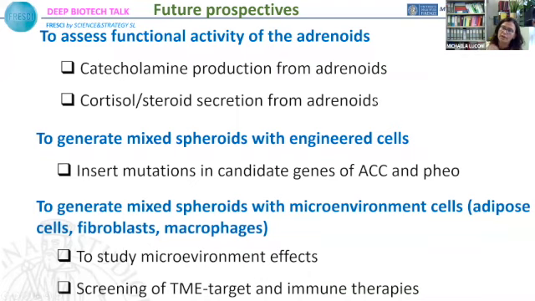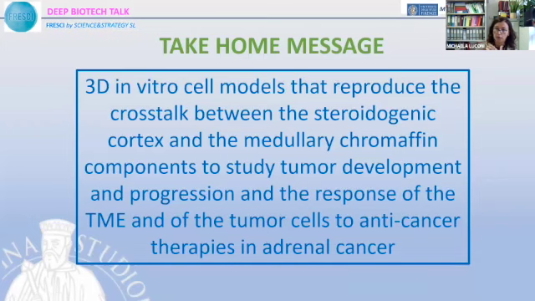And obviously we have to further investigate this ability of the adenoids to maintain the respective function of the cortical and medullary part. And they can be used for generating mixed spheroids after engineering the cells. So we can modify the cells by inserting specific mutations that are important for the development of the tumor. And they are really very important to study the interaction with the microenvironment cells, adipose cells, and immunocompetent cells.